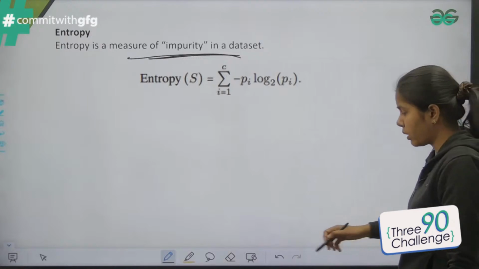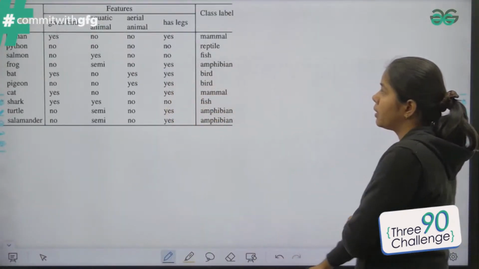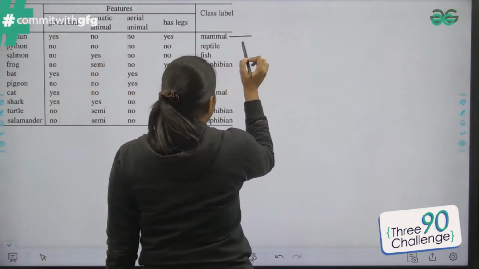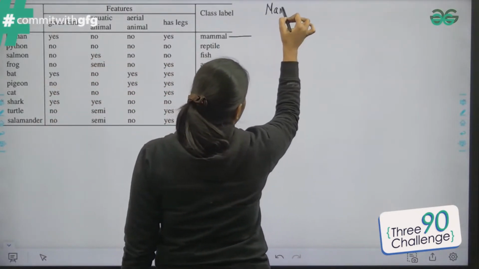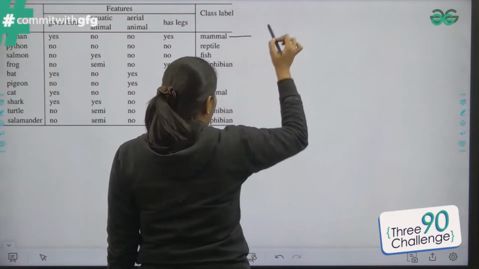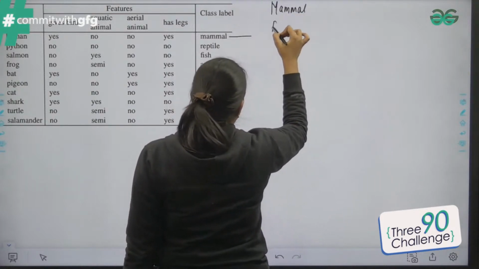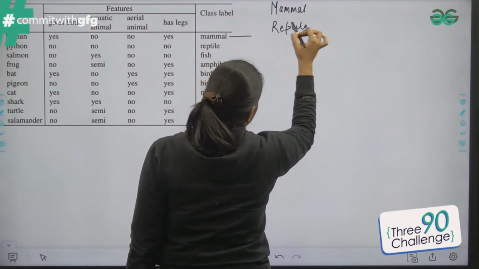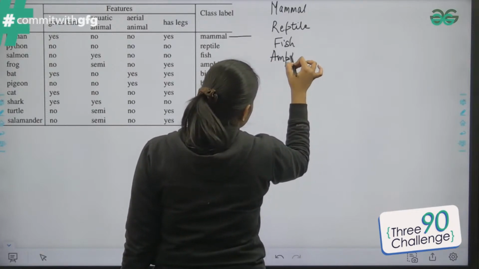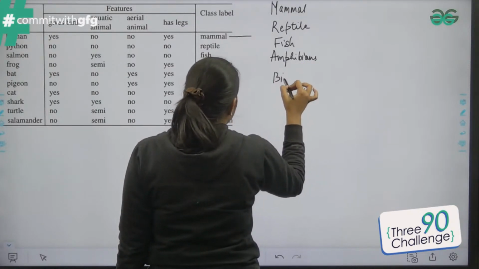So how that would work, let me first see in my data set. This was my data set. If I see the classes here, we have 5 classes. Pi is a probability. Mammal, reptile, fish, amphibians, and bird.